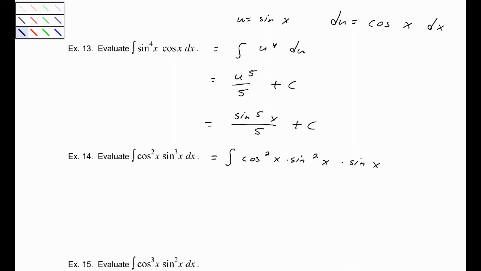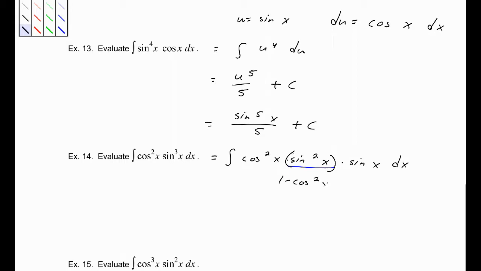Now that doesn't seem like it helps, except that I can now rewrite sine squared x as 1 minus cosine squared x. And of course I have my sine x.